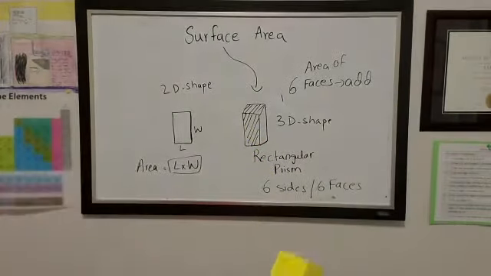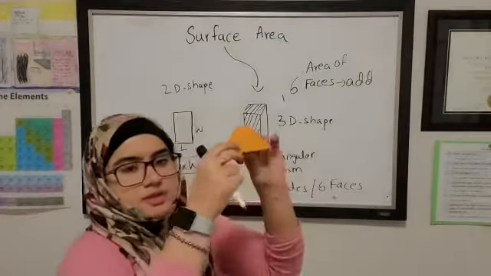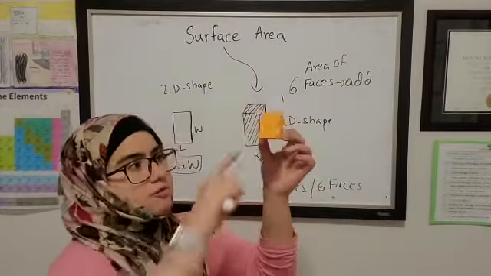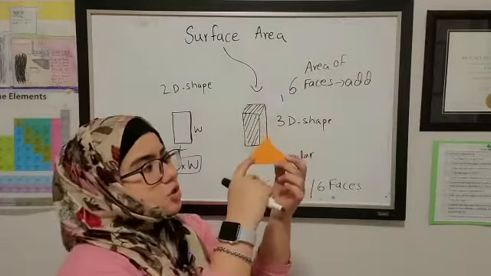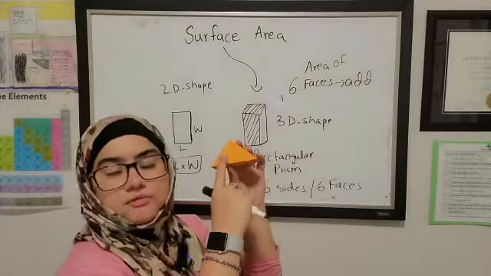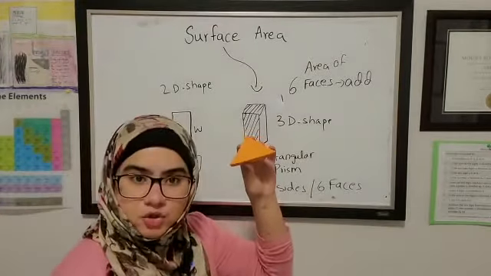If you have a triangular prism like this, you have to find the area of the faces. You have 2 triangular faces, so you use the formula for the area of a triangle, base times height divided by 2.